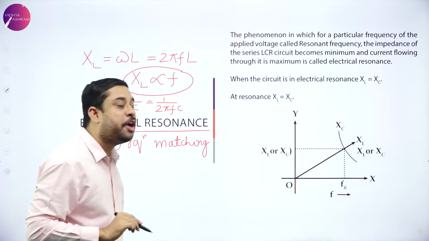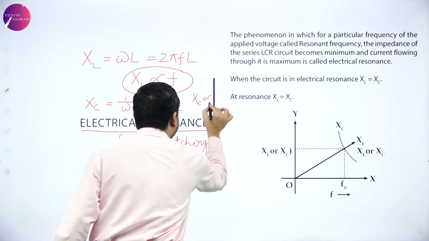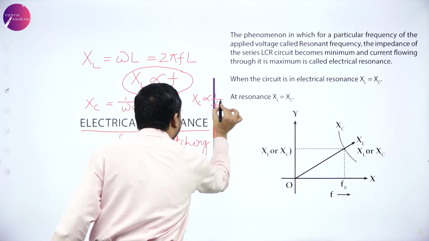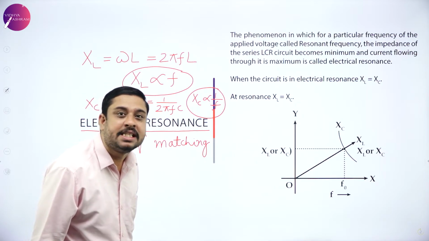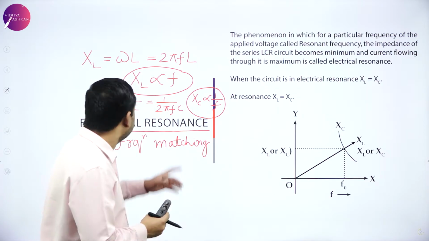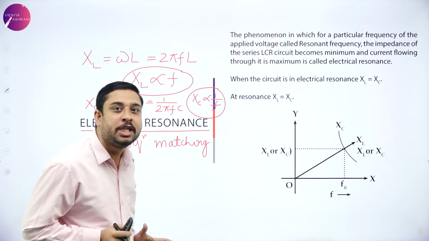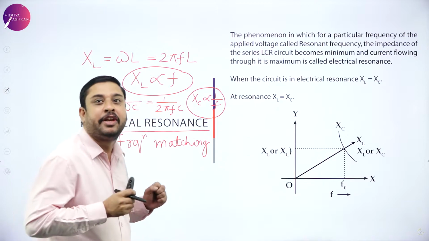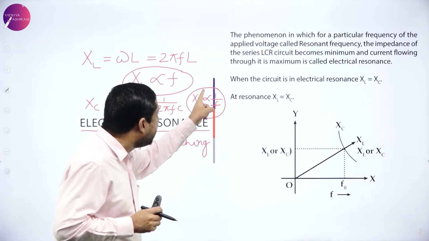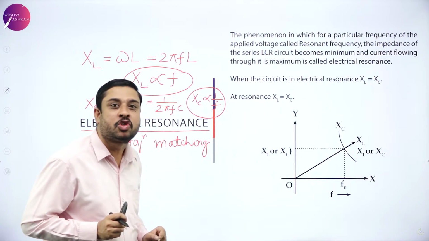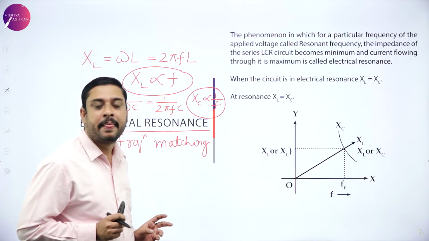Here what I want you all to understand is XC is inversely proportional to the applied frequency. So XL is directly proportional to the applied frequency, and XC is inversely proportional to the applied frequency.